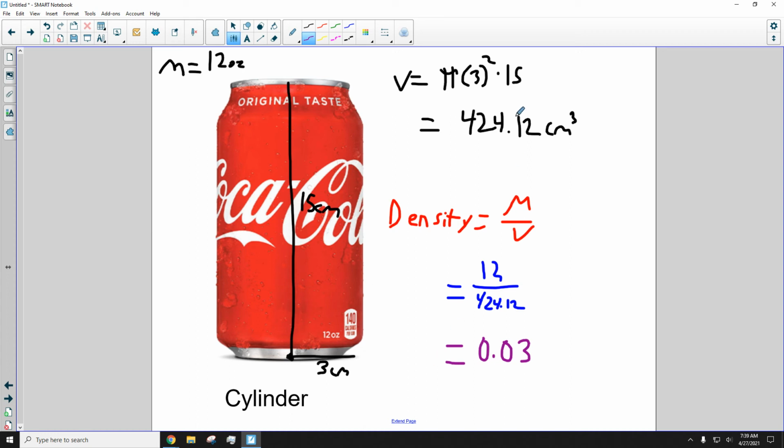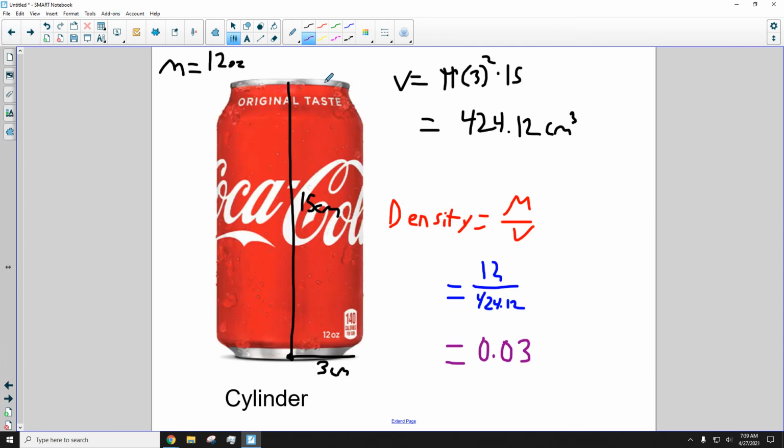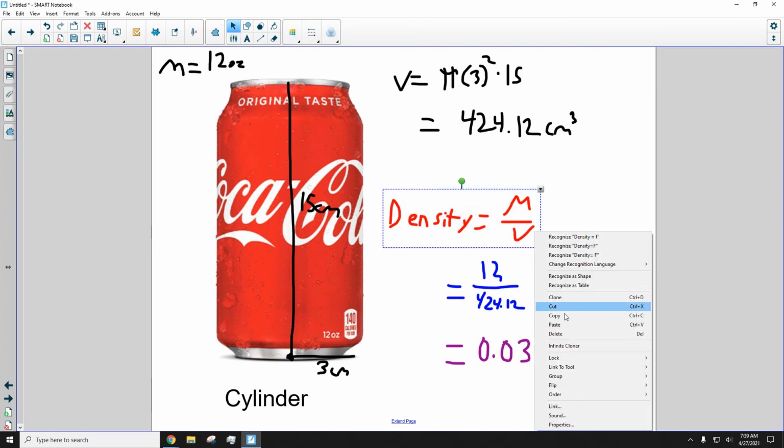So all you're doing here is taking the mass dividing by the volume, which gives you the density, which we can technically work backwards as well. Again, as long as we have this equation here, well, we can do a lot with it.